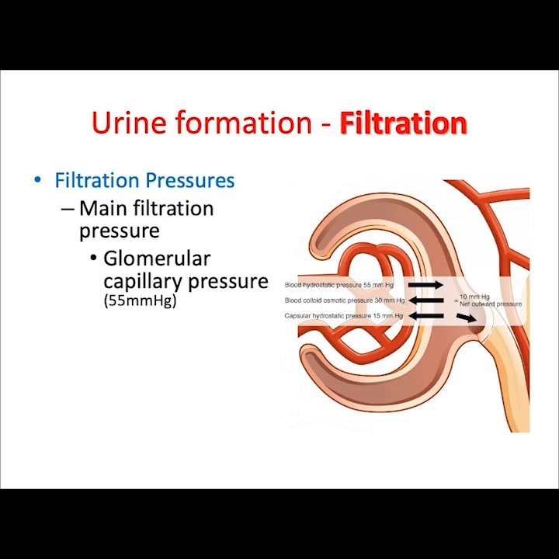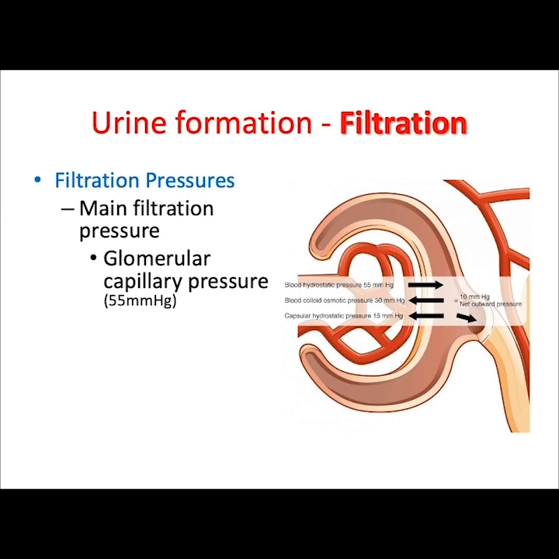Due to this reason, more blood flows into the glomerulus than is drained at any given moment. This elevated blood pressure within the glomerulus is important because it is what determines the direction in which filtration occurs.